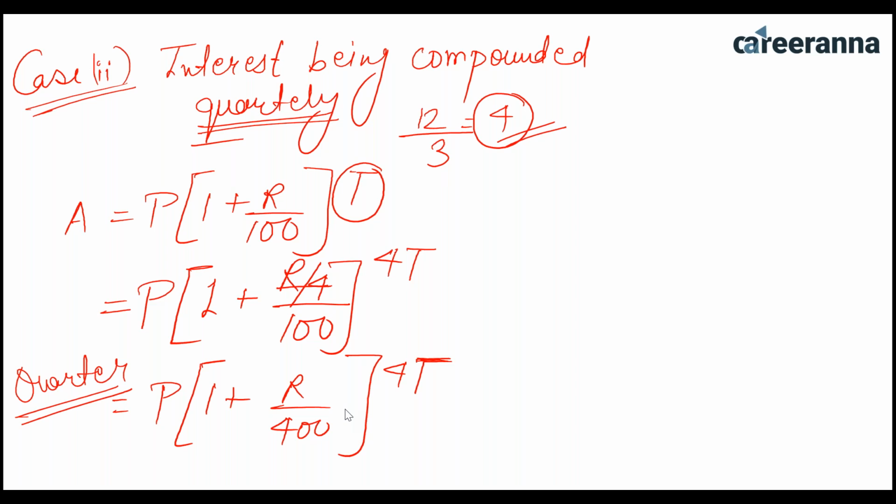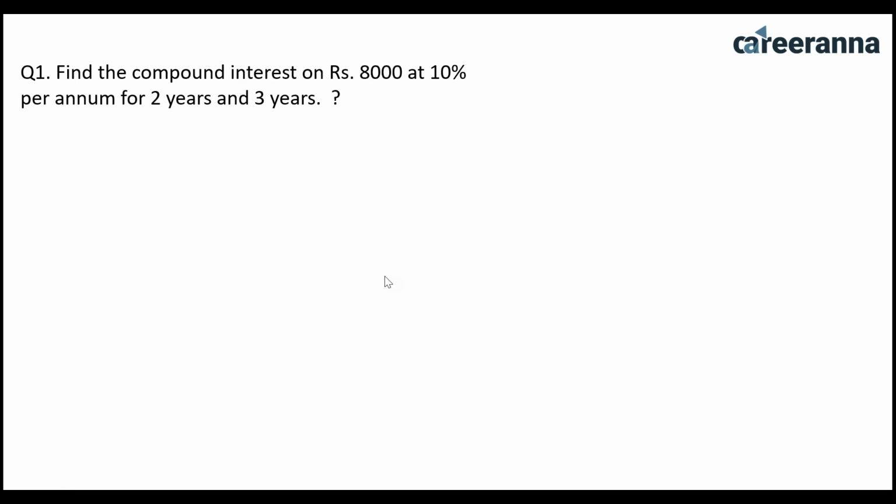Now let's talk about some of the common percentages that we need to keep in mind. For example, let's take this question first. Like this question is given to us. Try to solve it, and then I'll tell you how to think about solving this question in minimum time. Okay. Take 2 minutes and try to solve this question.